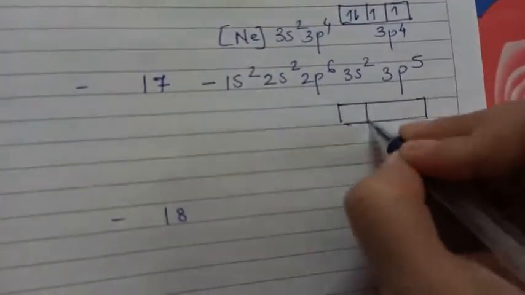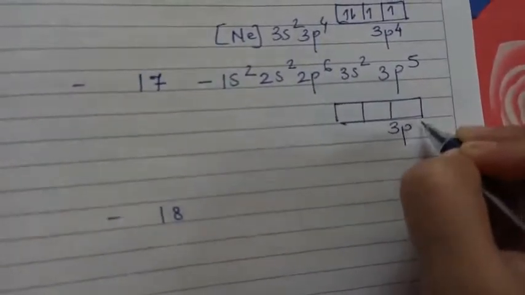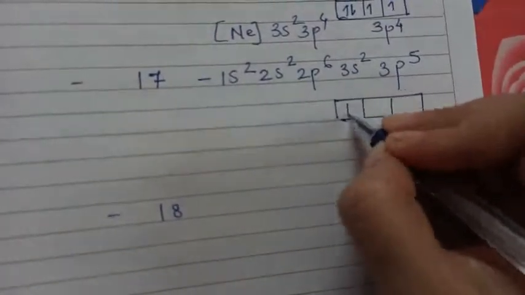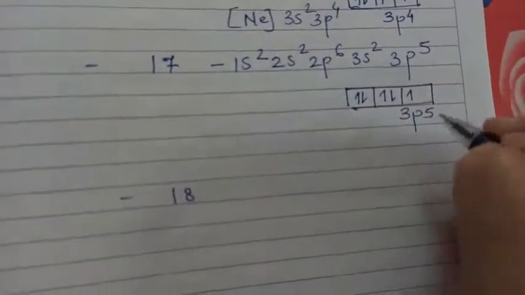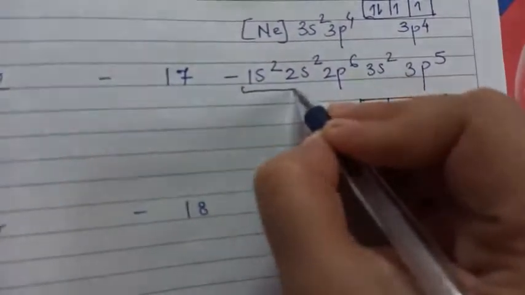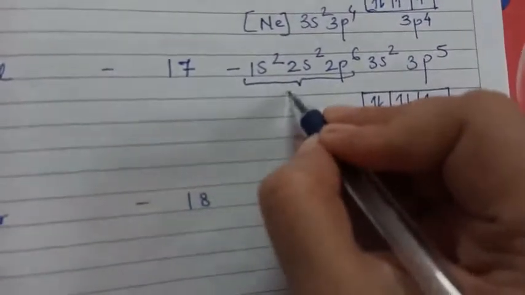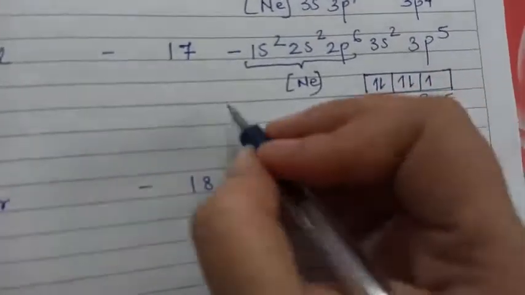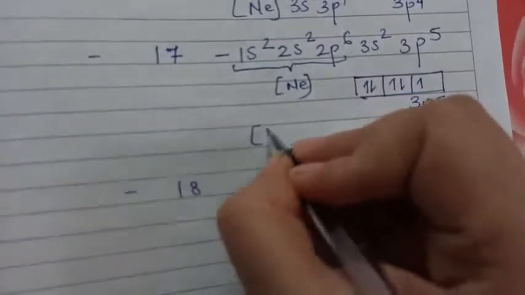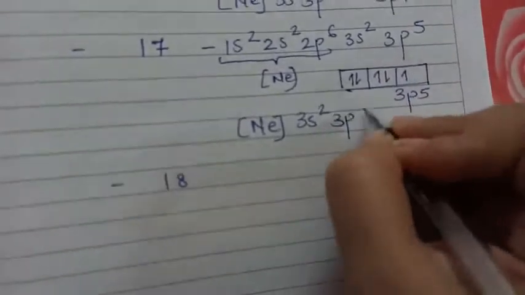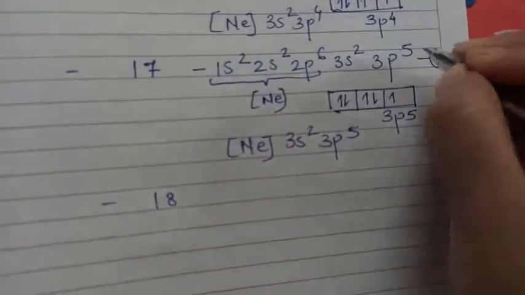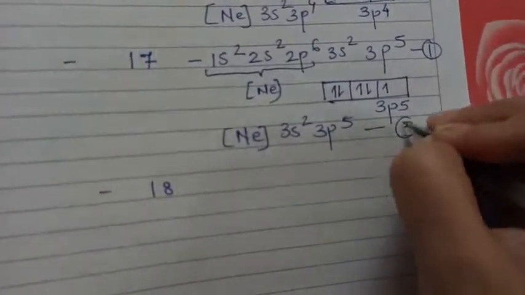Draw the p orbitals of 3p. So 3p5 means what? 1, 2, 3, 4 and 5. This is how. And as I told you earlier, this much part represents neon. So we can write the configuration in one more way, that is neon 3s2 3p5. So this is the first way, the expanded entire form, and this is the second form.